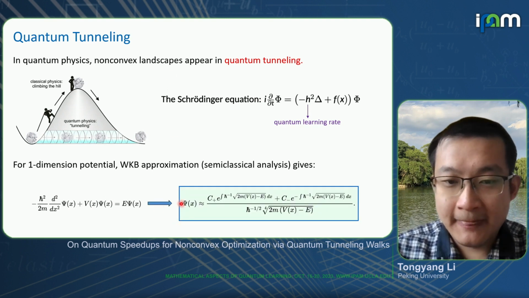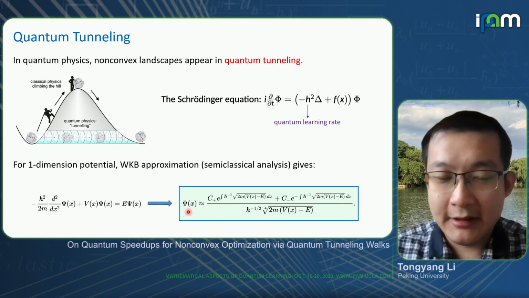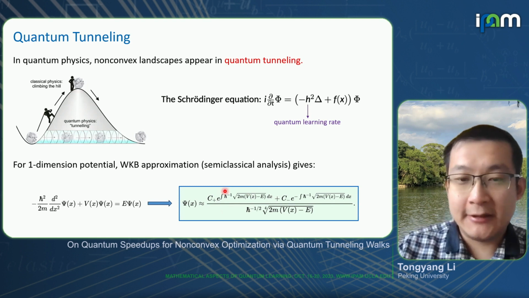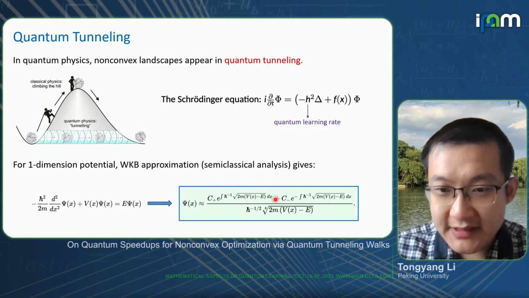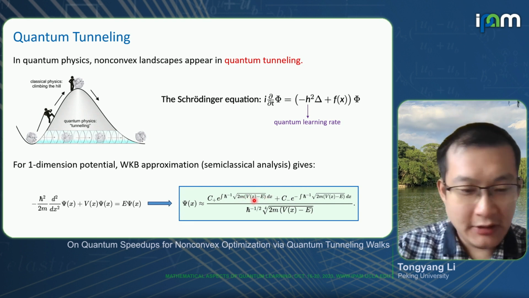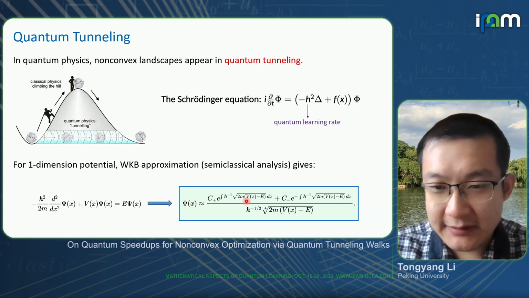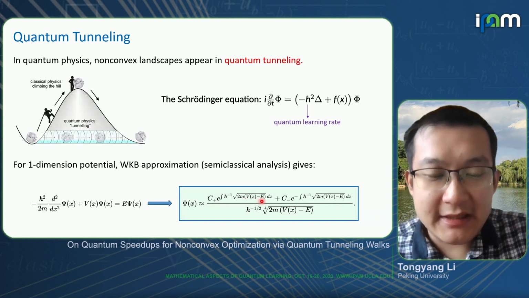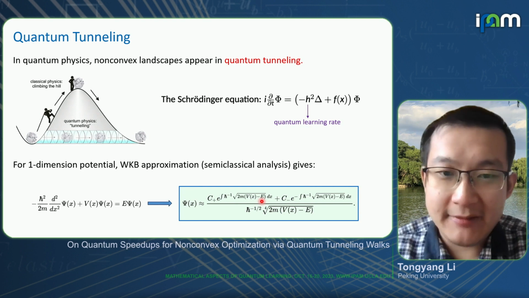In particular, the main part of the eigenfunction's behavior depends on the integral of the difference between the potential function v and the corresponding eigenvalue e. So this is an eigensolution of the WKB approximation.